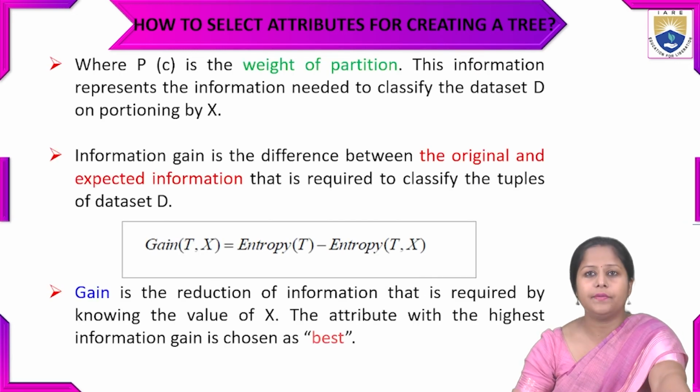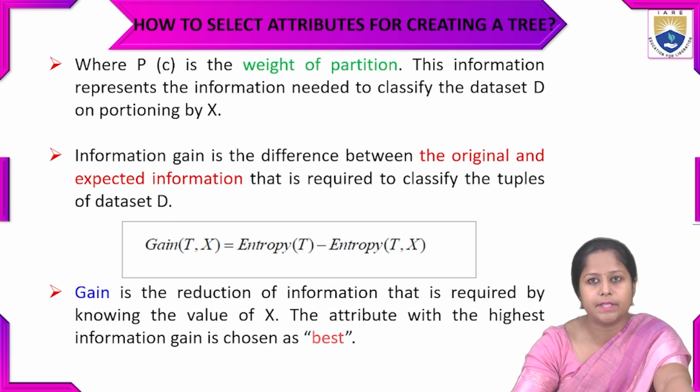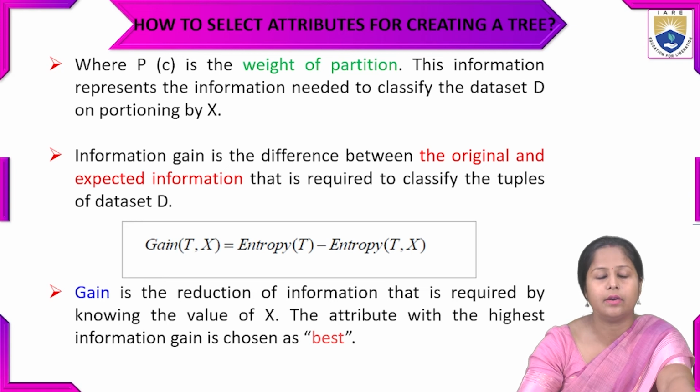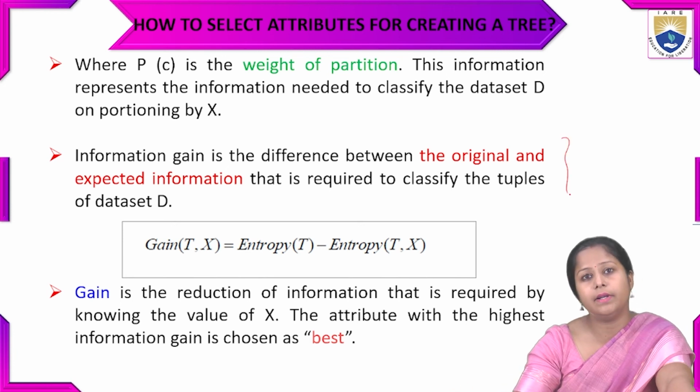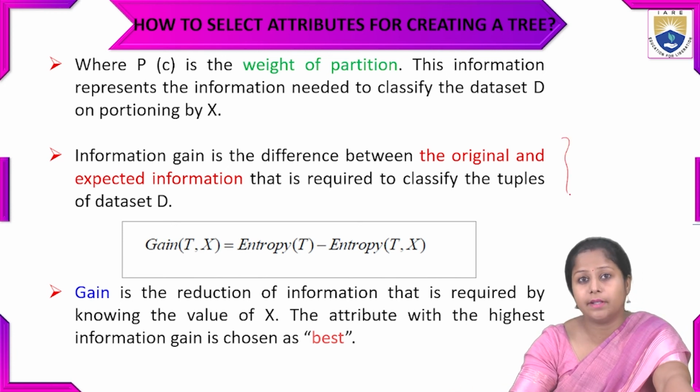Here P(c) is the weight of the partition, and this represents the information needed to classify the dataset on partitioning by the node x. The information gain is the difference. Now we are going to measure the information gain.